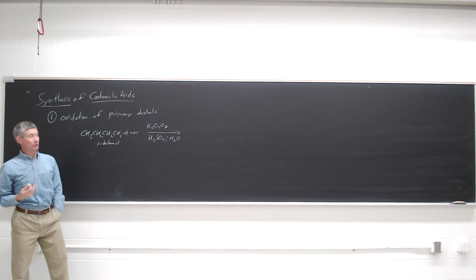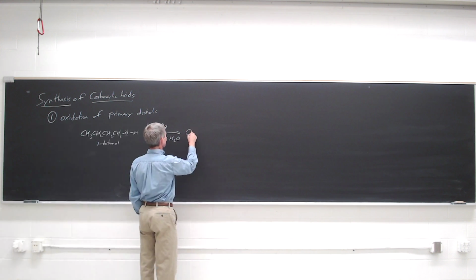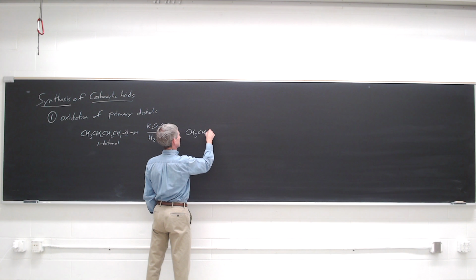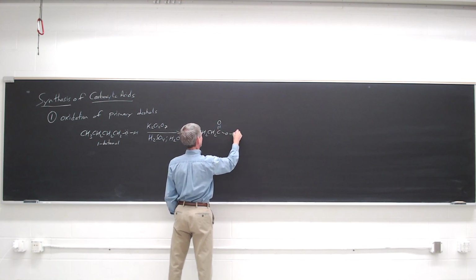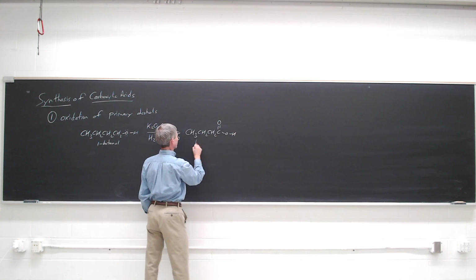And because we're in aqueous acid, we get the over-oxidation product, butanoic acid.